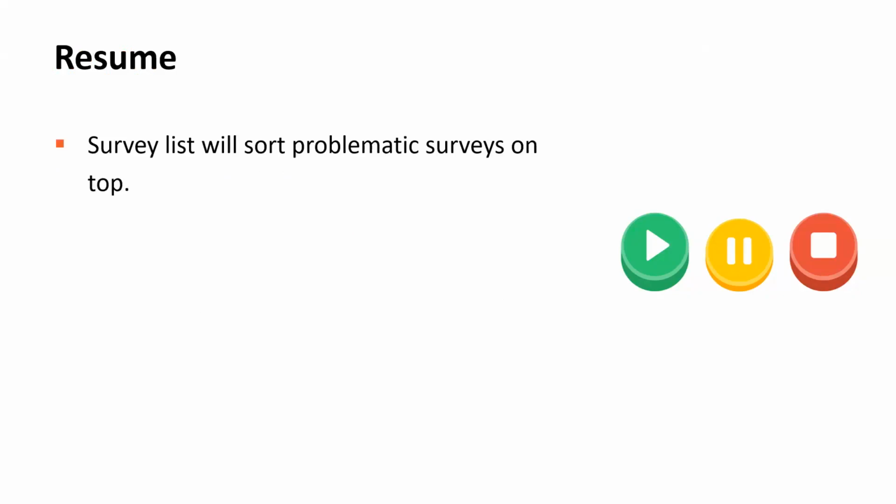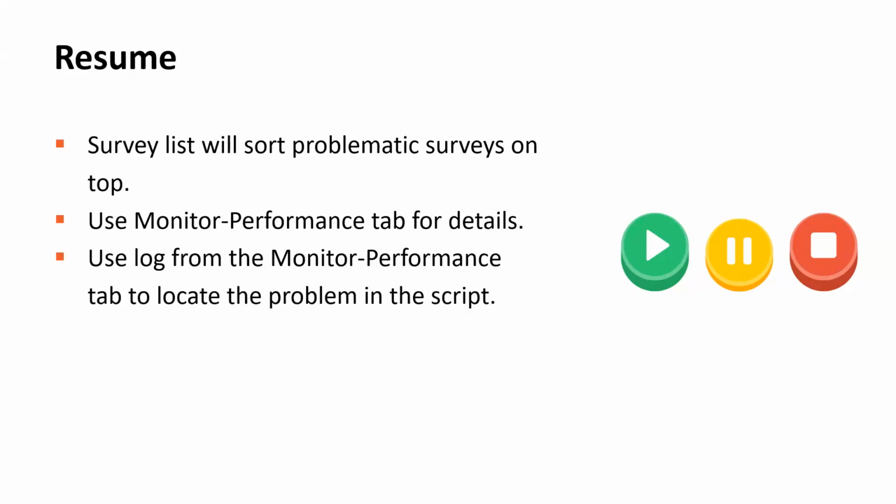So to resume the demo, the survey list will sort the problematic surveys on top. Use the monitor performance tab for details: what metrics are firing, and how serious the problem is. You might have 10,000 interviews, and if only one interview actually ran into this problem, you might not worry about that.